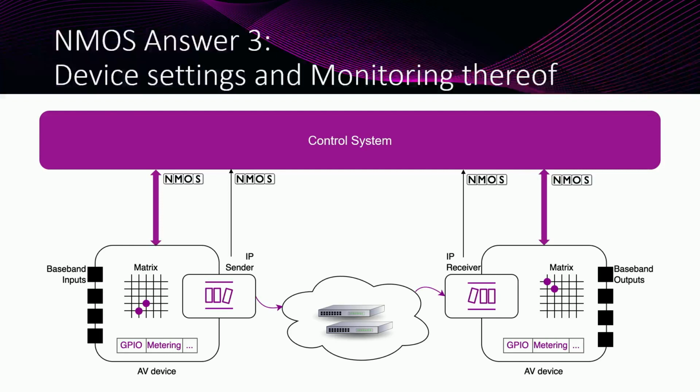I put that here in a kind of wider arrow. It is basically an open generic layer where you can send and read all kinds of settings. It's actually pretty cool. It could replace a lot of the, let's say, legacy control protocols. For instance, Ember Plus or whatever.